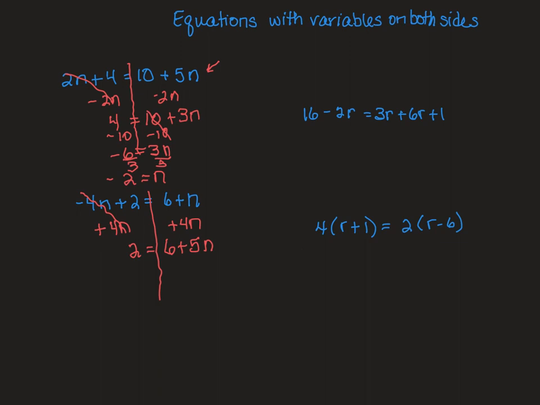Okay, so I need to get that n alone. I'm back now to a two-step problem. Minus 6, minus 6. Okay, that leaves 5n equals negative 4. Okay, I'm going to divide by 5, and n is going to equal negative 4/5.